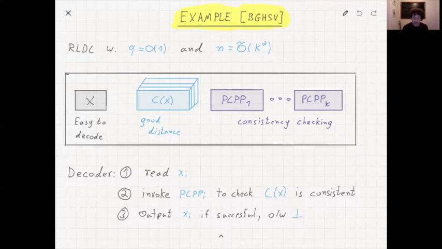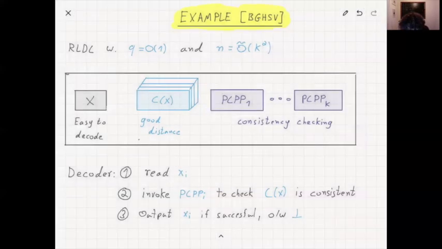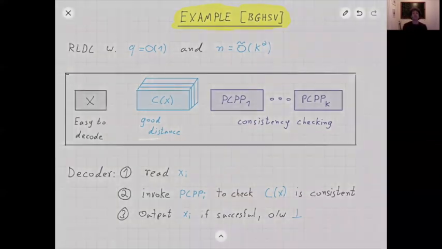So the first part is just the message being explicitly written. The intention of that is that it's extremely easy to decode if it's not corrupted. So amazing locality. And then we have the second part, which is a code with good distance. So this is the same C of X, and the responsibility of C of X in this component is to provide distance, because we have one part which is very local, but has no distance at all.